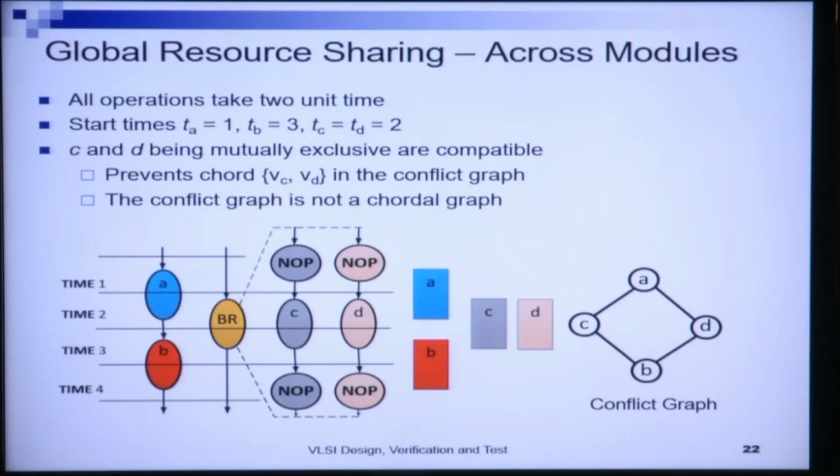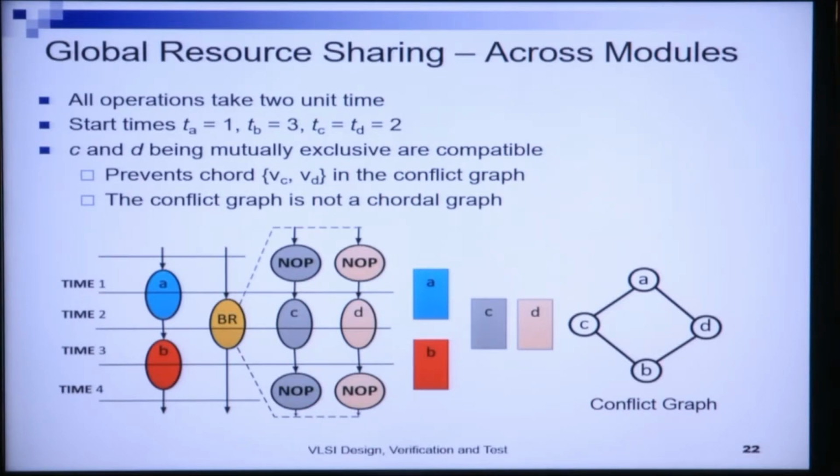Why? Let us see how. There is an A here, A and B are compatible, and hence there does not exist an edge in the conflict graph. A and C are not compatible, and here A and C have an edge. Similarly, A and D are not compatible, and hence they have an edge.